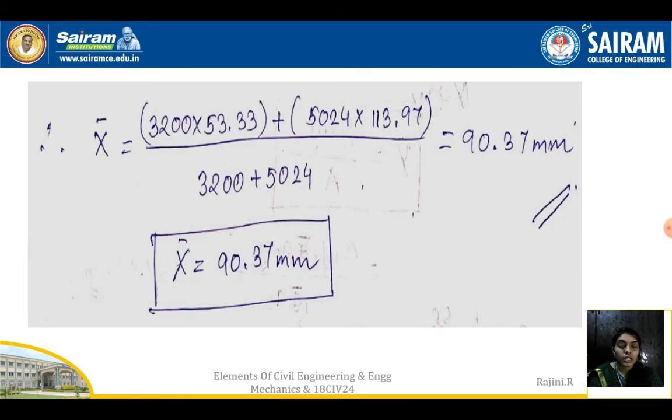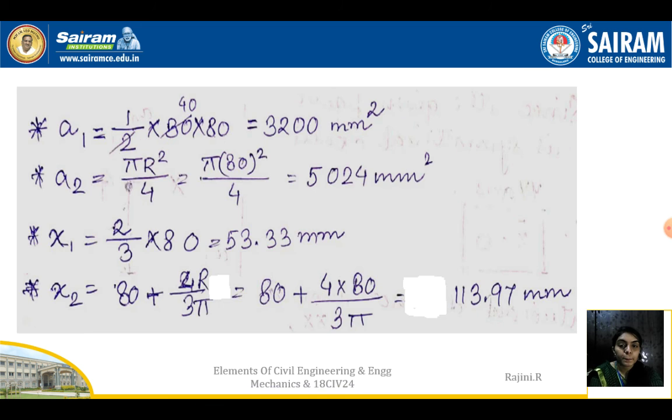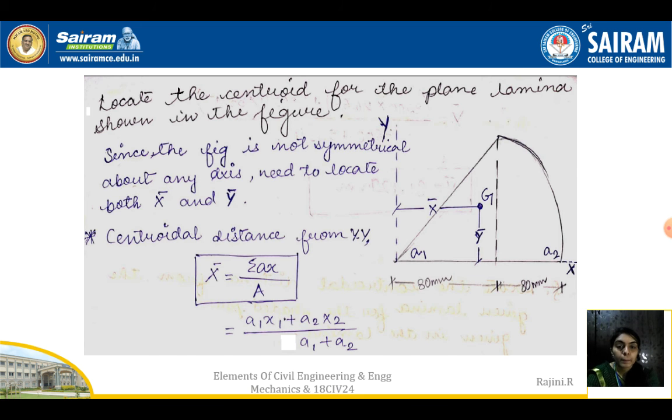So here I'll come back to the figure. y1 means keep one finger on the x-axis and one finger in the middle of the triangle vertically. That much distance we needed, and in the quarter circle also, one finger on the x-axis and one finger in the middle. So that much distance we needed.